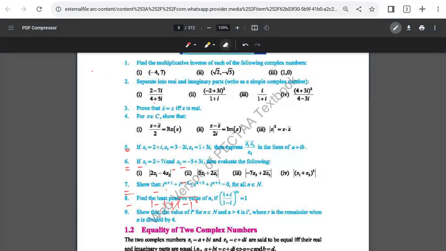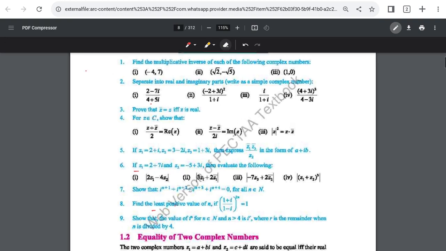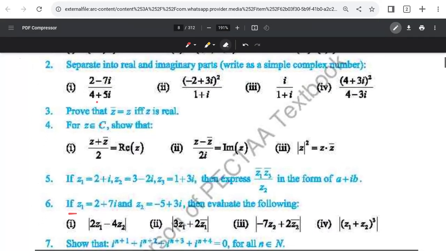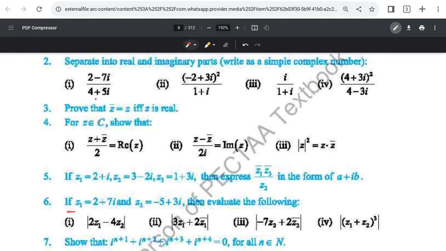So now we simplify this one. Okay. So dear students, the third part we have iota over 1 plus iota, this part.